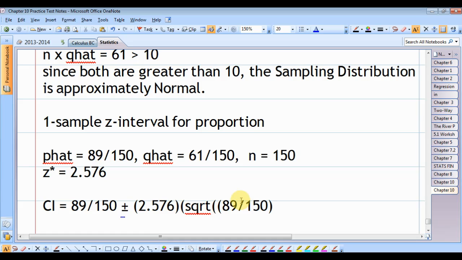So if we use fractions, we have to use it through the whole thing. Yeah. 61 out of 150 divided by 150.